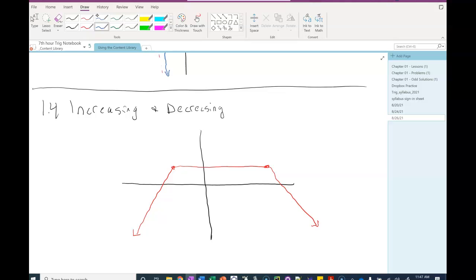What I'd like to do to figure out what parts of it are increasing, decreasing, and constant, I imagine I have a little person that walks along my graph from the left to the right. This first section, the person is walking uphill. Uphill is increasing.